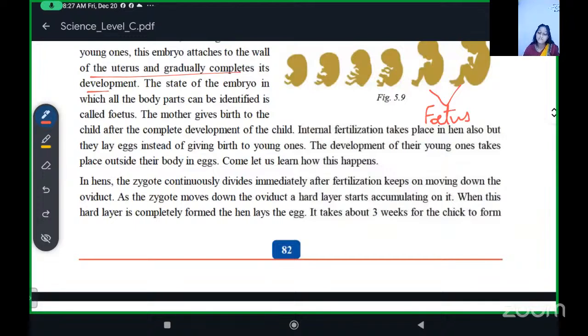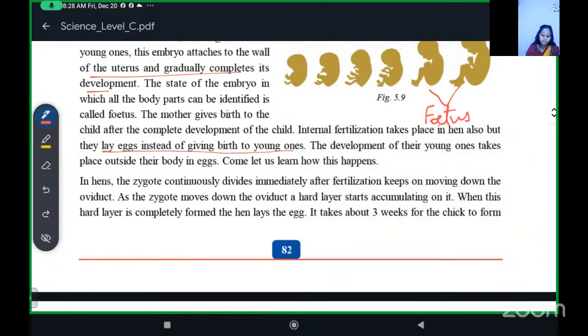Internal fertilization takes place in the hen also, but they lay eggs instead of giving birth to young ones. The development of the young ones of birds takes place outside their body in the egg. In hens, the zygote continuously divides immediately after fertilization and keeps on moving down the oviduct.